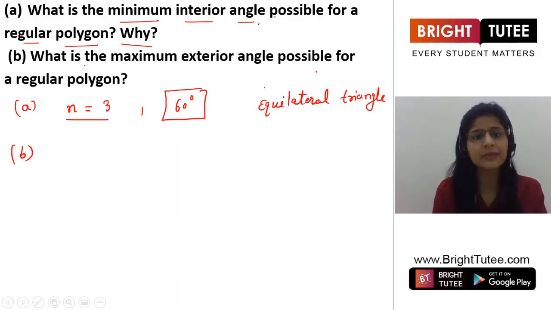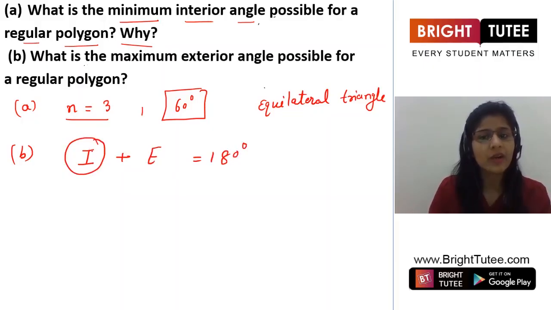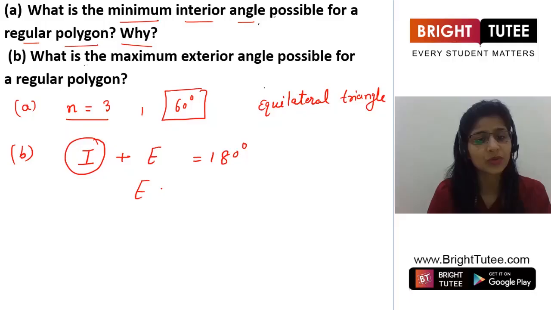The smaller the interior angle, the greater the exterior angle, because we know interior plus exterior forms a linear pair, that is 180 degrees. So the minimum interior angle will give us the maximum exterior angle, right? How do we find it?